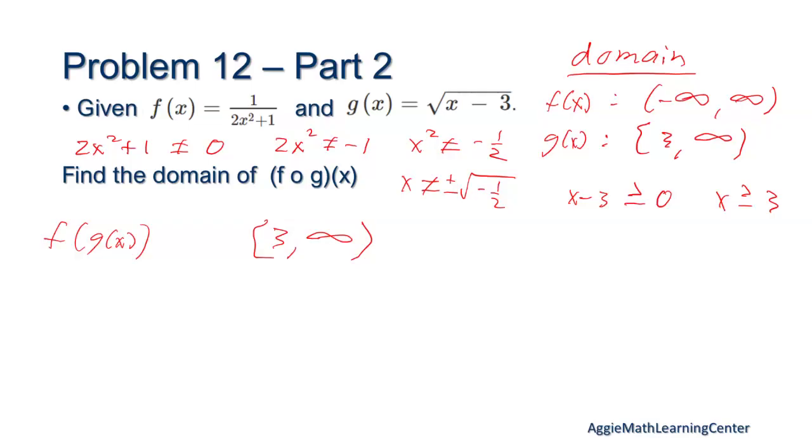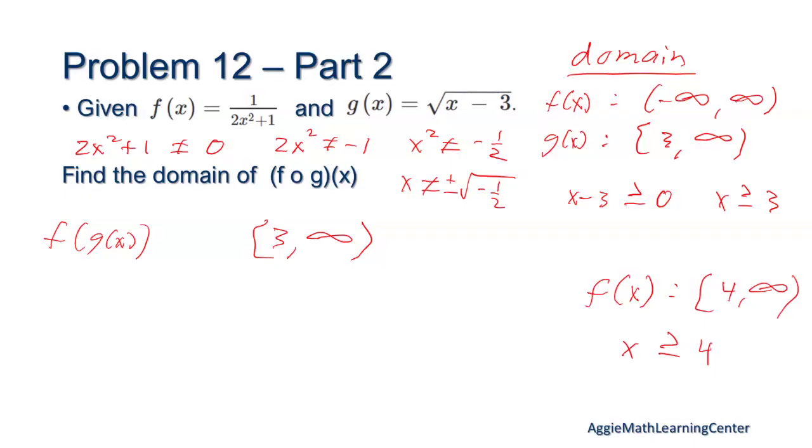But let's take an example where let's say f of x had the restriction where it was from like 4 to infinity. I don't know if this is going to work at all or if there will be a restriction at all. But what this is saying, if you were to say f of g of x, then this is saying that x has to be greater than or equal to 4.